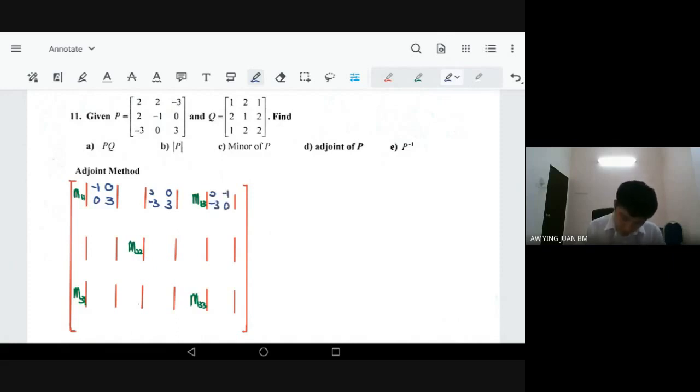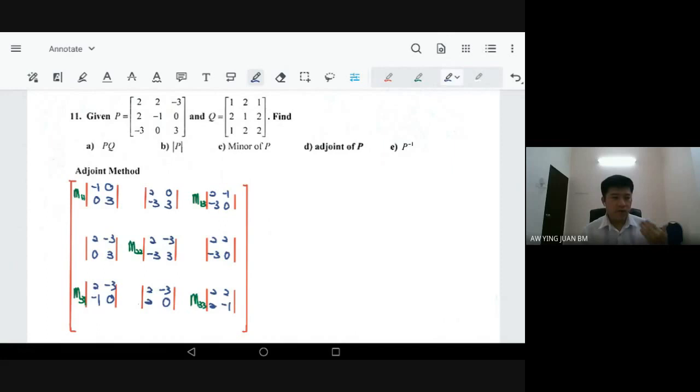Next, we have the minor. So that is the process of finding the minor. Kindly check your answer with mine.